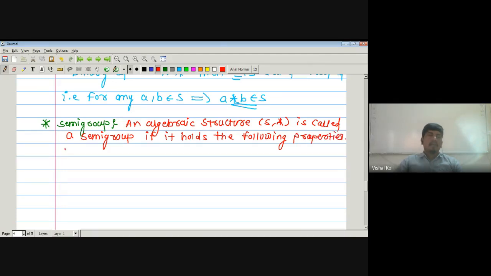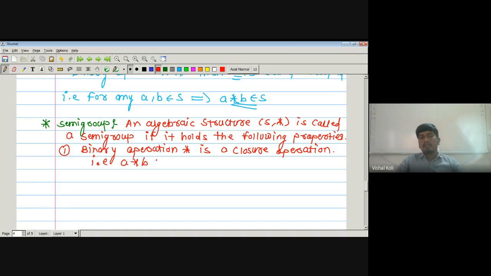The first one is that binary operation star is a closure operation, that is, a star b belongs to S for all a, b belonging to S.